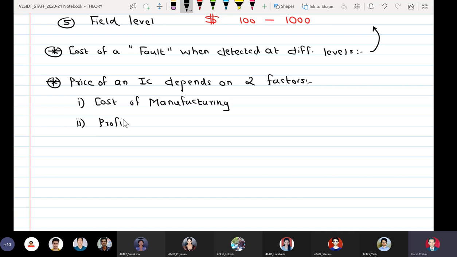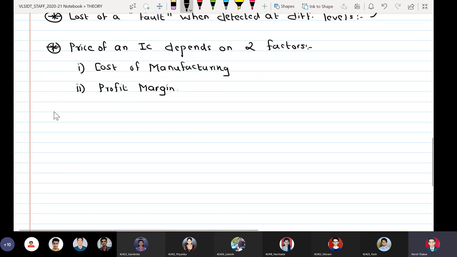How much profit does the manufacturer intend to earn after making that IC? It's very important. And understand that the price of an IC also goes on reducing with volume. So the price of an IC reduces as volume increases.